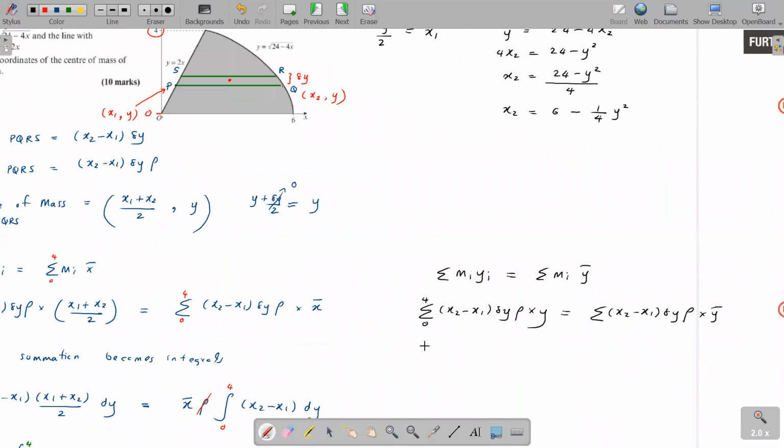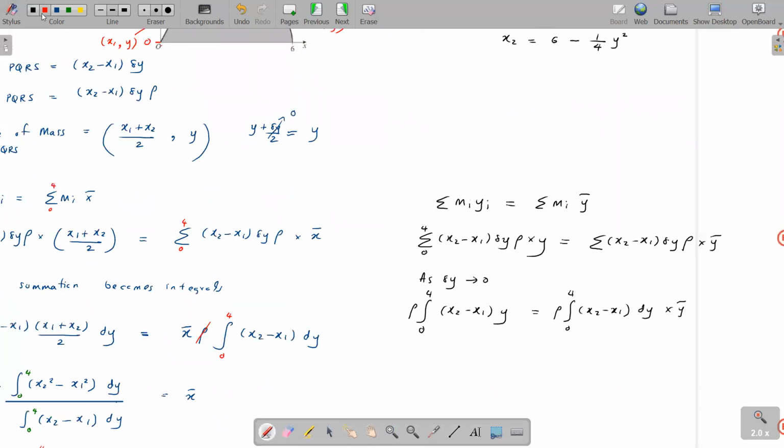All right. So as delta y goes to 0, we know the summation becomes integral. So 0 to 4, rho can come out. x2 minus x1 times y over here. Also the rho comes out, 0 to 4. x2 minus x1 times delta y becomes dy. Y bar is outside. All right, guys. So rho can be removed.